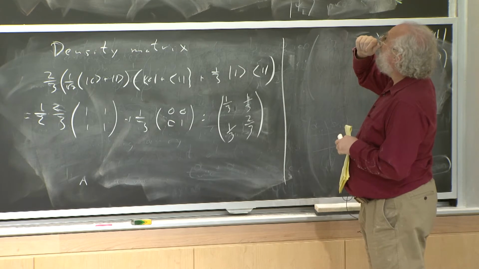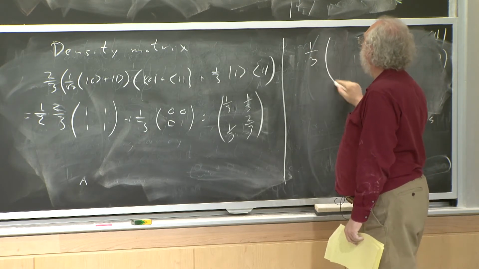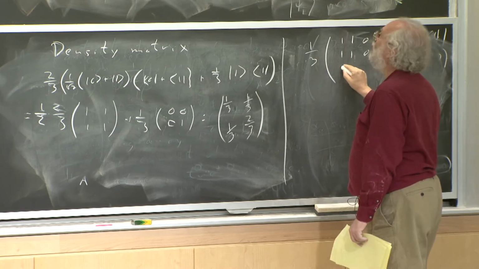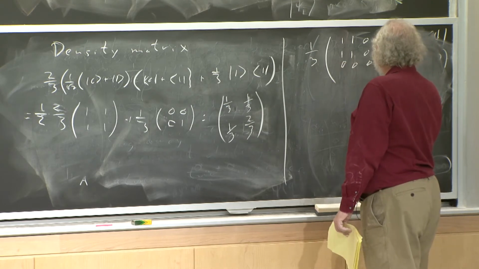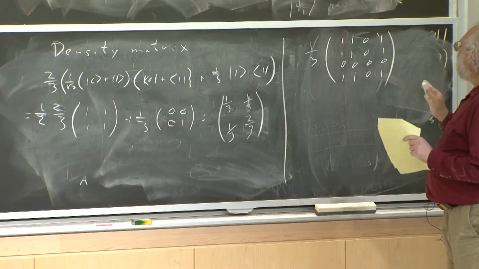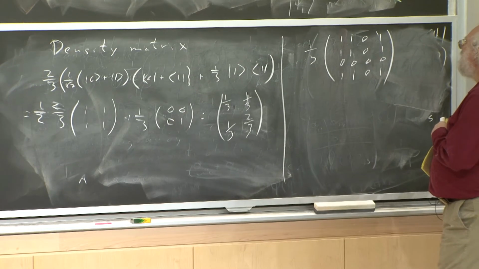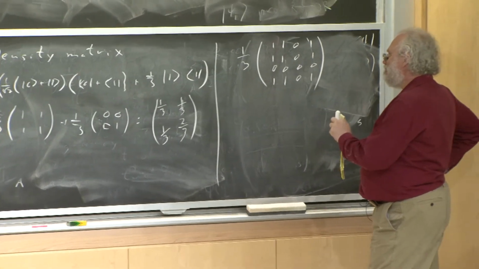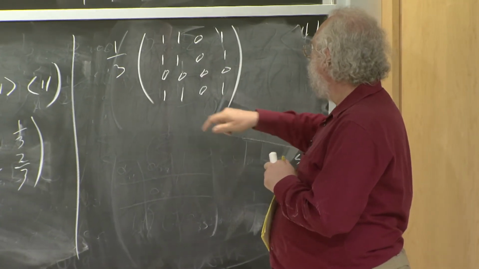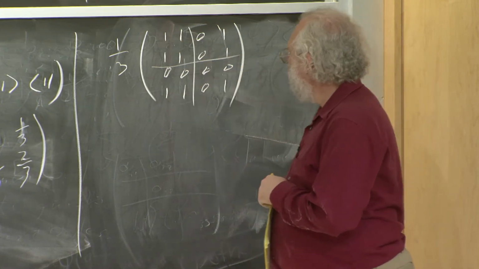Now, the density matrix of that thing is 1/3 times the 4 by 4 matrix. And we're tracing out the first qubit, which means we need to add this plus this.